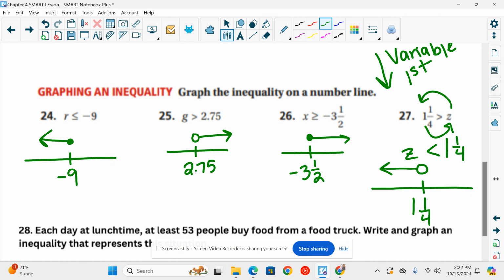Variable first, pointed to the left. And as you're doing your IXLs tomorrow, you need to look back at your notes to help you with it. Don't just sit there and click random answers until you finally get it. Look in your notes. It will have the answers for you. Use them. Okay?